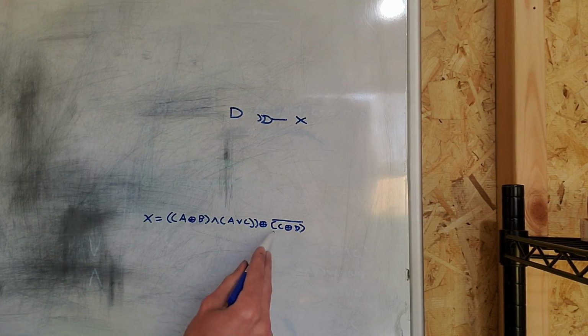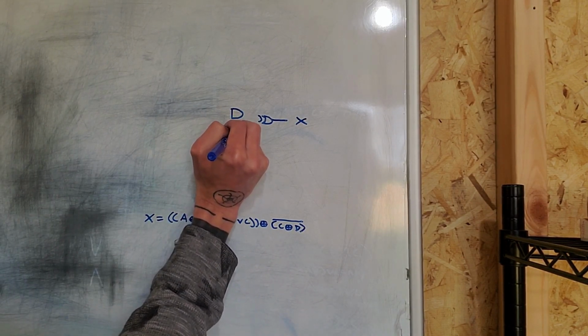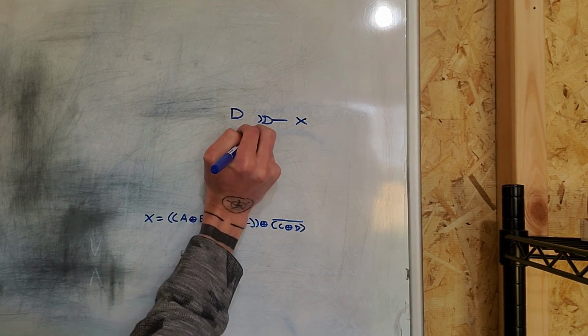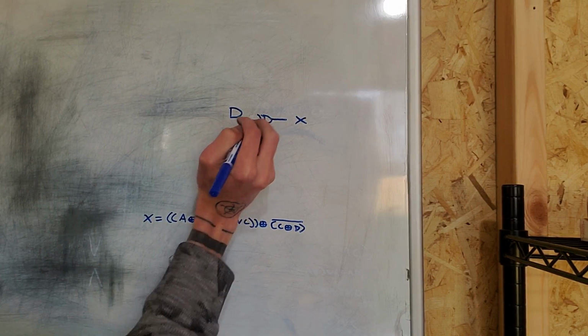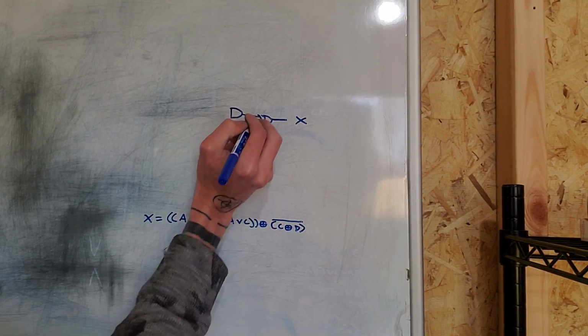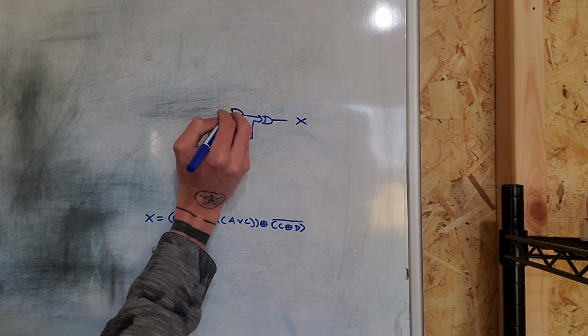So we have this kind of standalone XNOR. So we're going to draw the XNOR gate, and this XNOR gate feeds into the XOR gate, which also takes the input from this AND gate. And this AND gate takes the input of two other gates.